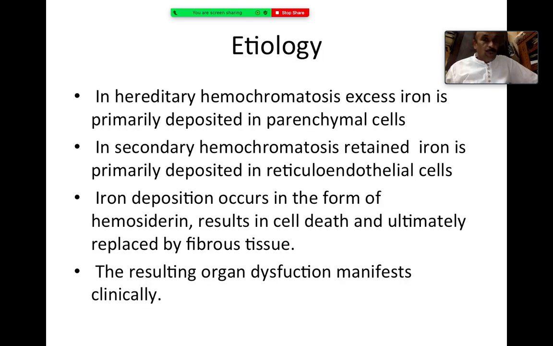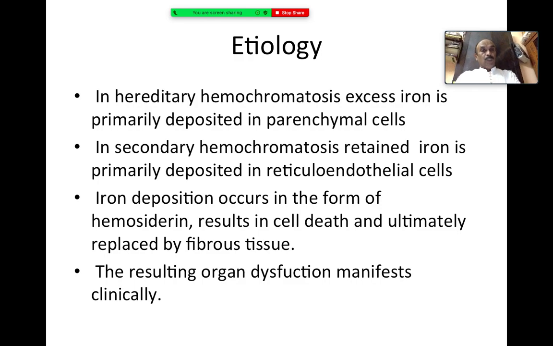In hereditary hemochromatosis, excess iron is primarily deposited in parenchymal cells. Okay, whereas in secondary hemochromatosis, retained iron is primarily deposited in the reticuloendothelial cells. This is the difference.